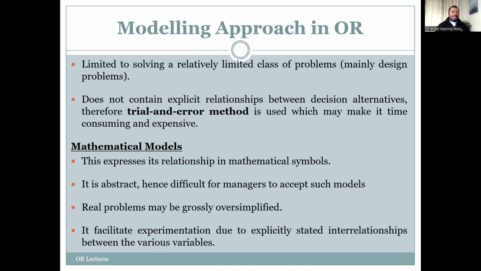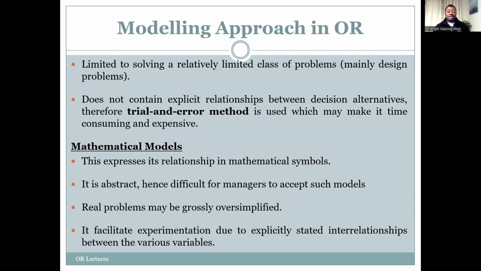Then we have mathematical models. That's the third type of model. This type of model expresses the relationships affecting the real world systems with mathematical symbols. So it's basically abstract, and therefore managers are unable to appreciate these types of models.